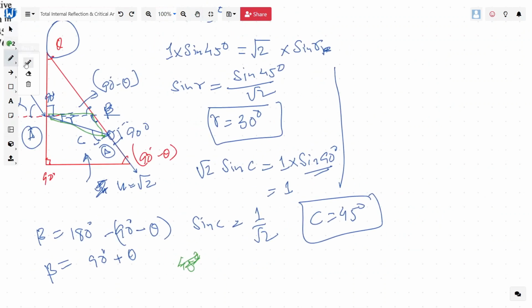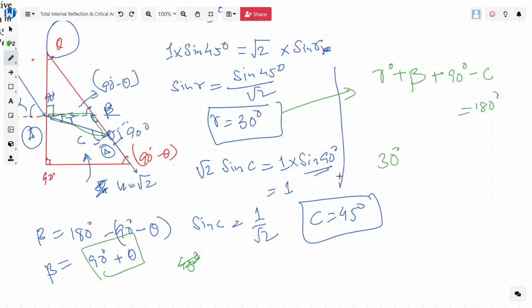So r is found out, r is 30, so r plus beta plus 90 minus c, because this is perpendicular, is going to be equal to 180. We simply plug in r equal to 30, beta is 90 plus theta, plus 90 minus c is going to be equal to 180. Now we just have to find our theta.